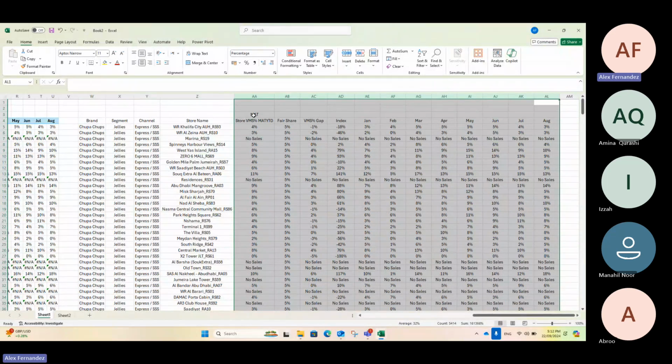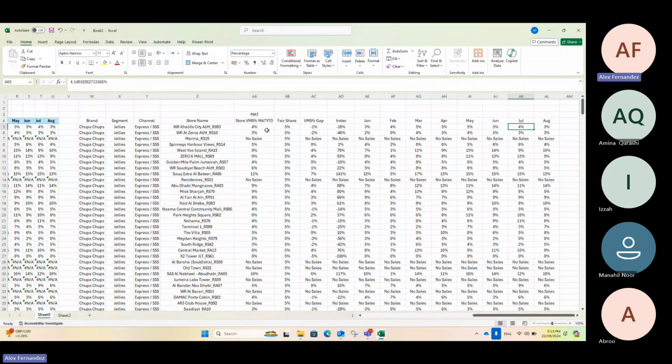And this is the index stores. So what you do is you do this store versus this one, and you do color coding. We are just trying to check in each store which is under indexed, like in jellies and in Chupa Chups, and you basically guide this to your clients in which region they have to focus, on which particular segment they have to focus, and in which type of market they have to focus.